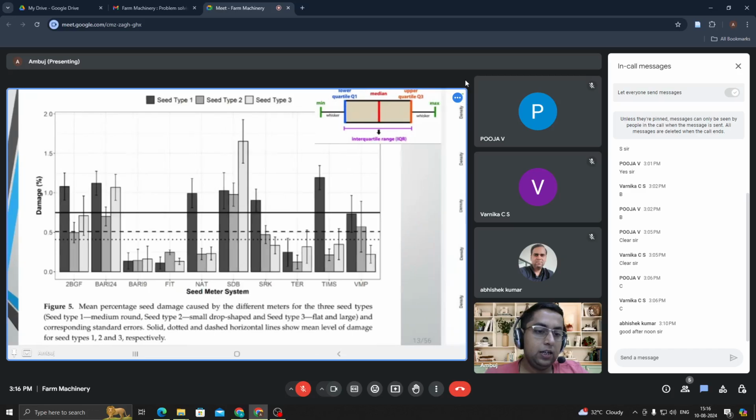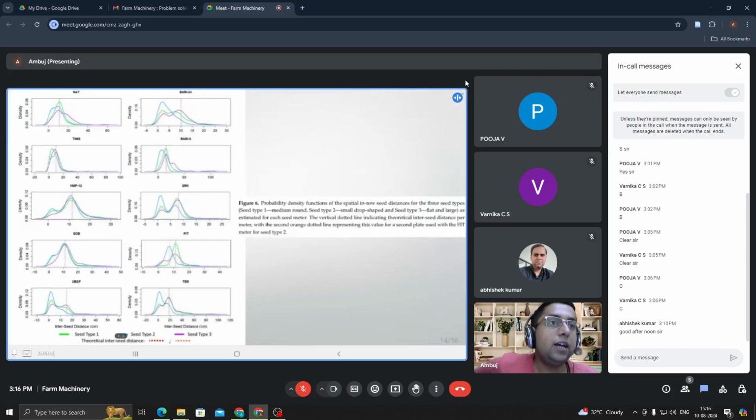Another thing is the PDF, the probability density function. You must have read about it in engineering maths 2, or in a statistics course. This is the probability density function of the in-row seed spacing for three different seed types, type 1, type 2, type 3, as estimated by each seed meter.